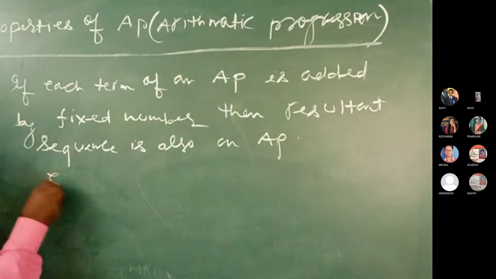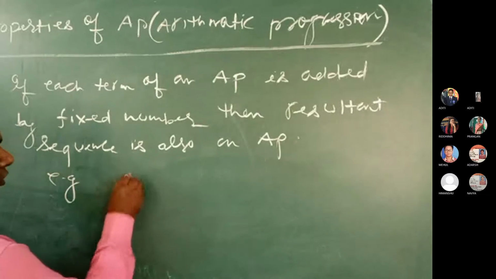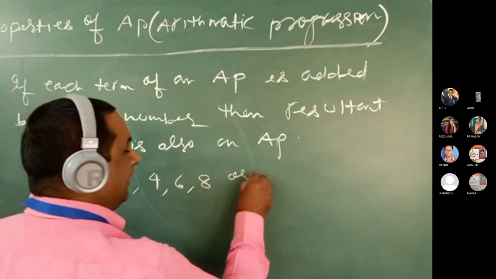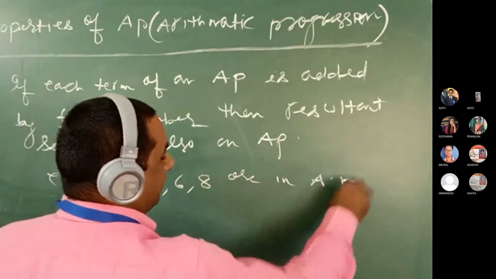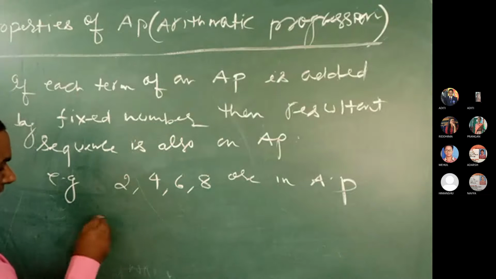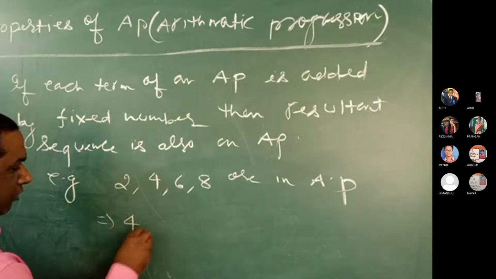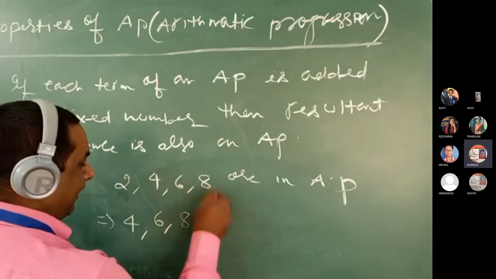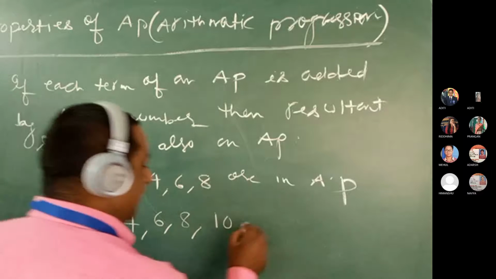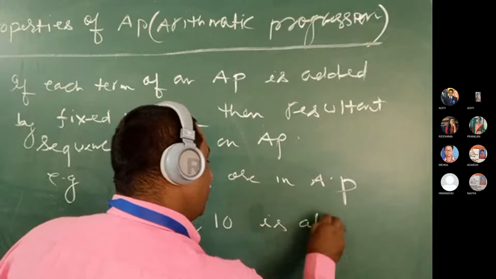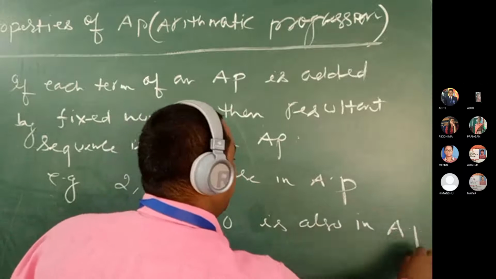For example, suppose 2, 4, 6, 8 are in AP. And if you add 2 to each term, like 2 plus 2, 4, 4 plus 2, 6, 6 plus 2, 8, 8 plus 2, 10, then this is also in AP.